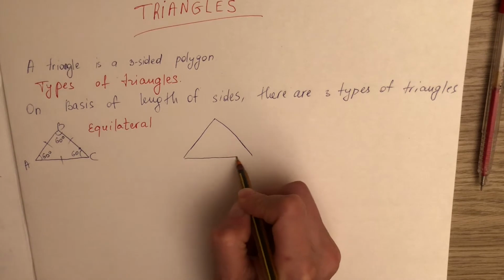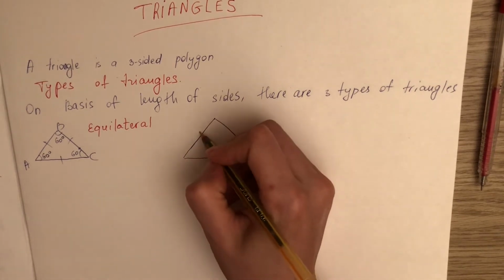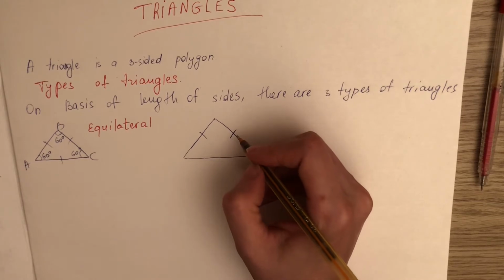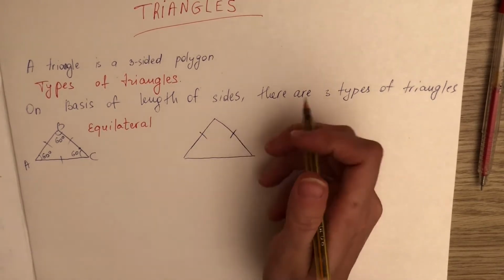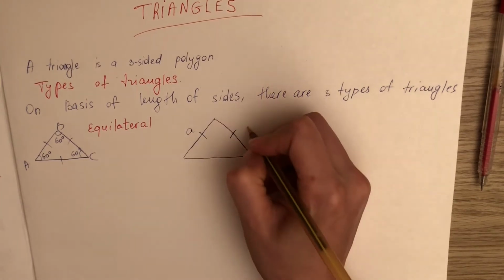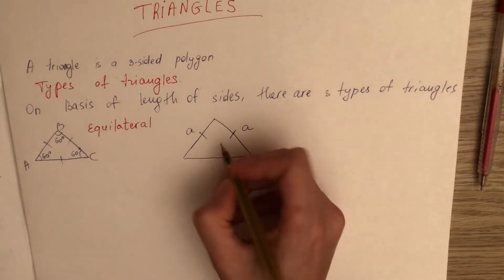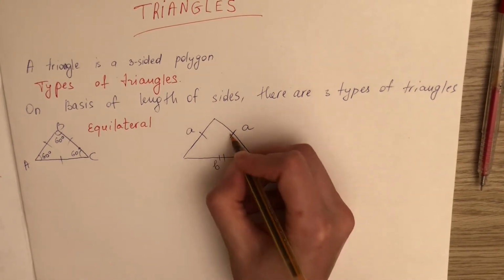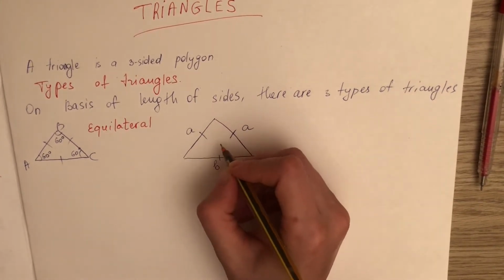This triangle has only two sides equal. Let here be A, let it be also A, and let it be B. This is not equal to the other sides.